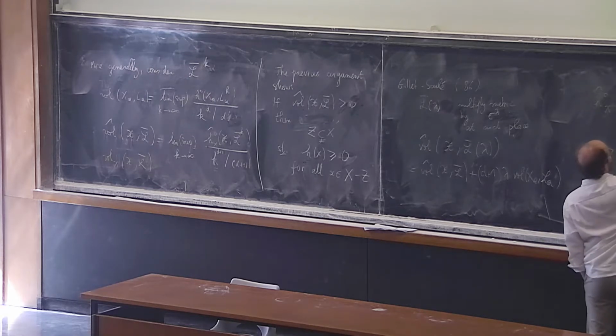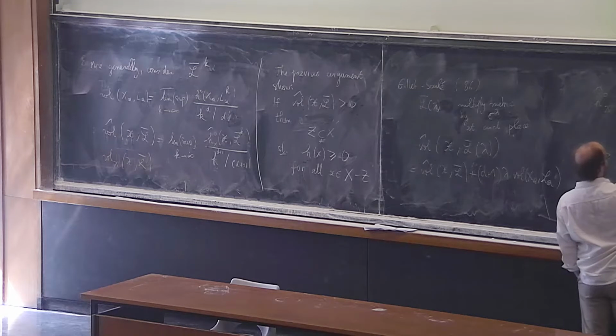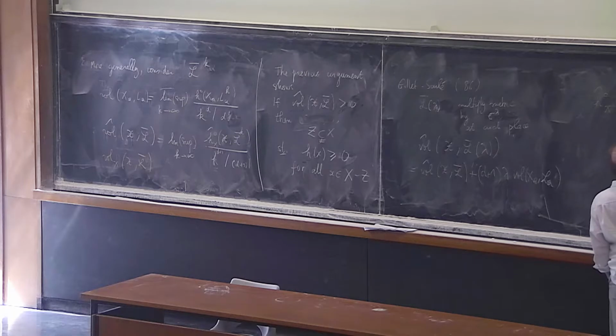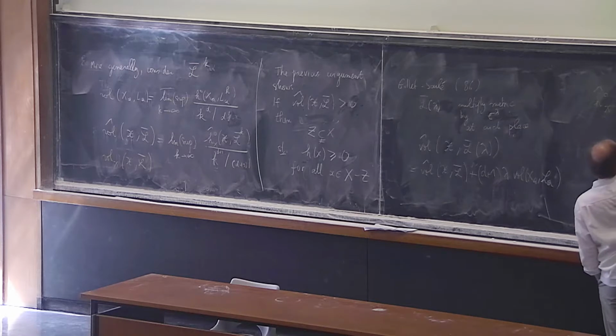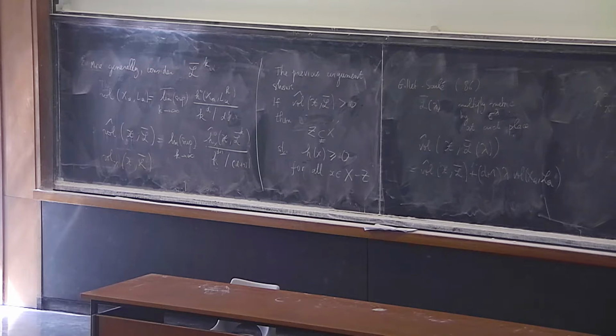chi of this, and this is defined as the logarithm of, so you tensor with R and you divide by the lattice, so that the covolume of the lattice in the real space of sections, and you divide by the volume of the unit norm, of the unit ball.